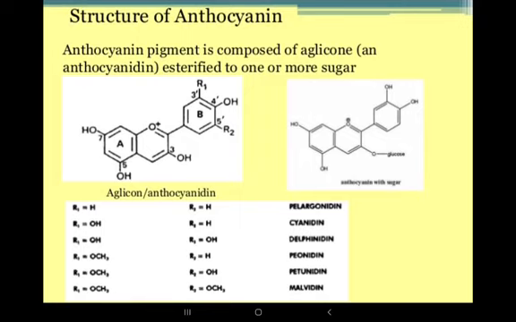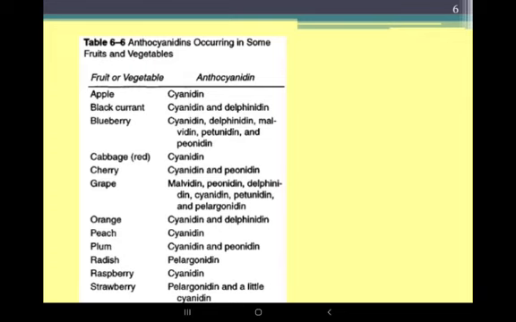This table shows the anthocyanins that occur in some fruits and vegetables. In apple, it is cyanidin. Blackcurrant has cyanidin and delphinidin. Blueberry has cyanidin, delphinidin, malvidin, petunidin and peonidin. This is a very good example because it has all the categories of anthocyanins.